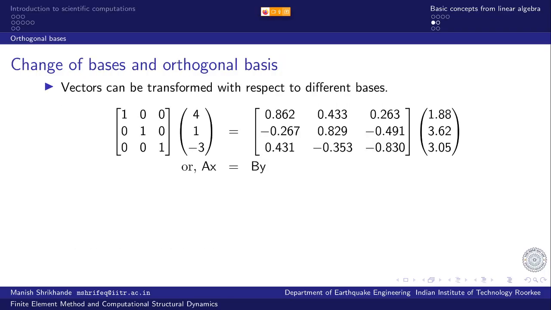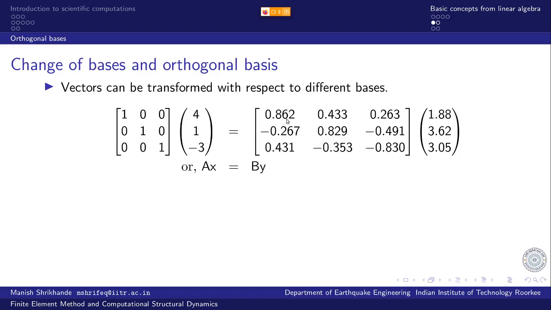So now we can change. Vectors can be transformed with respect to different bases. What we have seen here is the position vector x with respect to the coordinate basis 1 0 0, 0 1 0, 0 0 1. These are the base vectors in Euclidean coordinate geometry multiplied by the coordinates, and this is of course a position vector, which is the same as this position vector in the new basis.